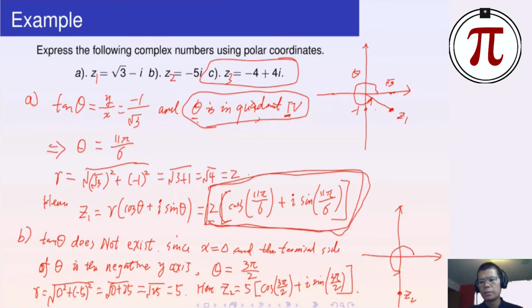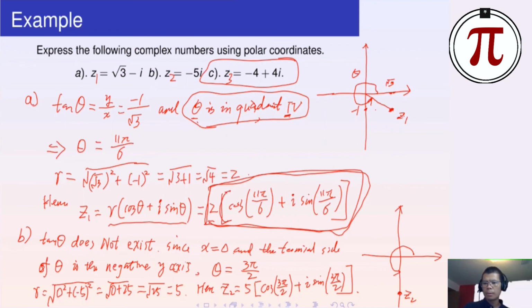This is in polar coordinates, 2 times this, so you want to write it in this way, and r is this one. Does that make sense? You need to find the direction, the argument, and also the modulus, and put them in this form.